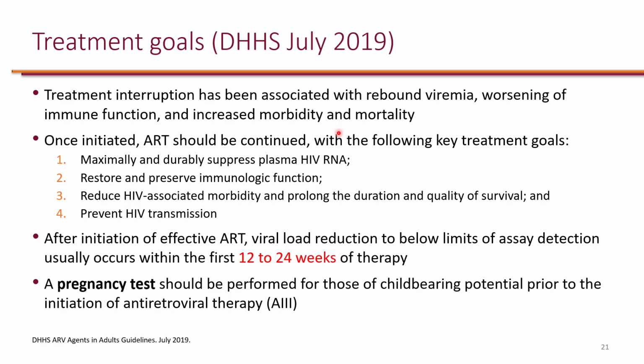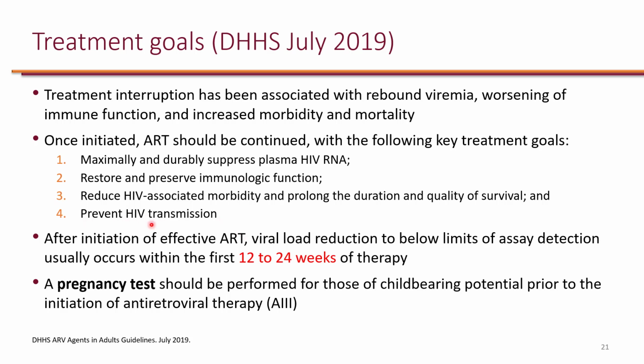goals. So we want to maximally and durably suppress the HIV RNA in the plasma. We want to restore and preserve the immunologic function, which is basically the CD4 count. And we want to reduce HIV-associated morbidity and prolong the duration and quality of survival. And of course, prevent HIV transmission if someone is at risk of transmitting it.